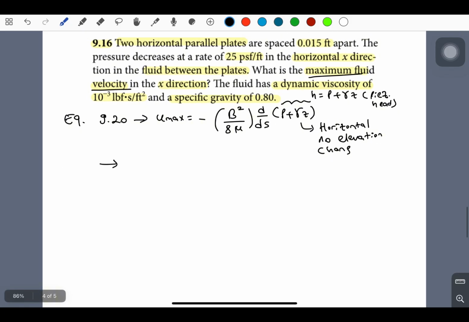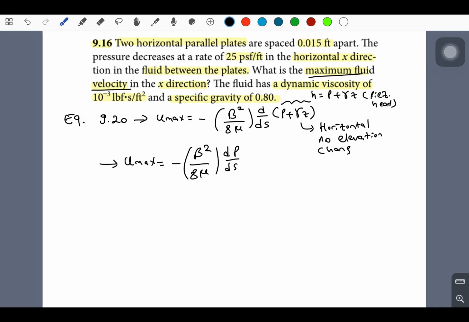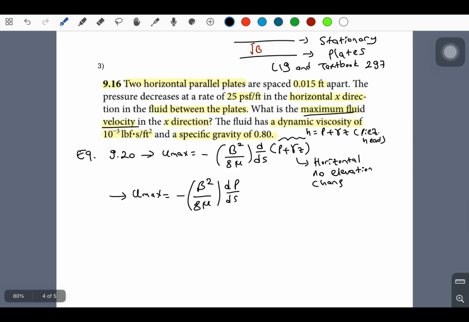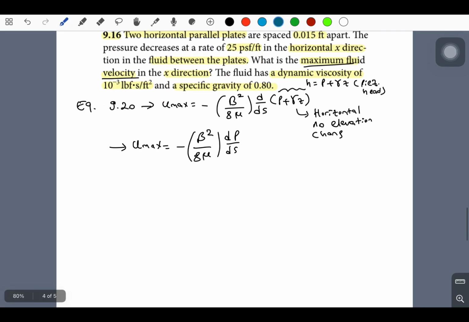So we can simplify this equation like b squared over 2, dp over ds. So the change of pressure within the given distance. For example, from this part to this part, we have 25 psf per foot change in the pressure.